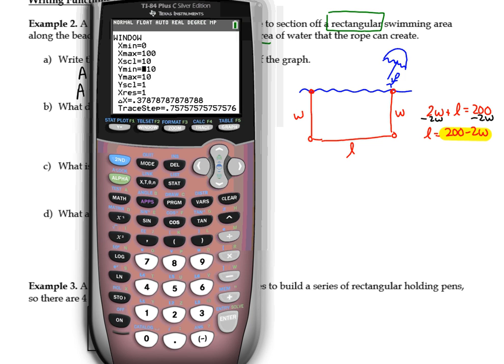Okay, so we're graphing area now. The units for area are a lot larger because you're going length times the width. Right? So if, say this was 50, 50, and 100, what would the area be then?